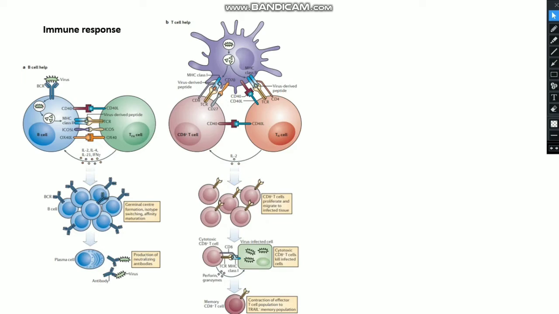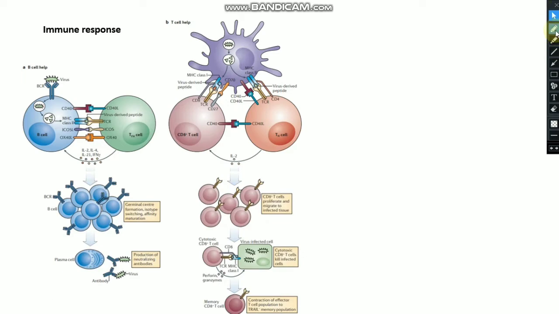Afterwards, the immune cells are induced or activated against that pathogen, and they destroy that pathogen. So eventually the infection would be cleared. So this is the immune response, and this is naturally occurring.